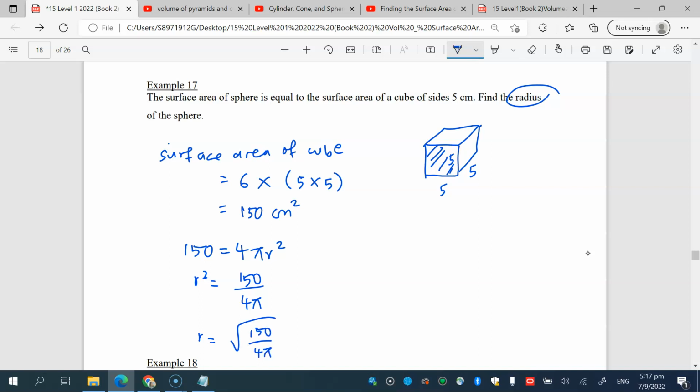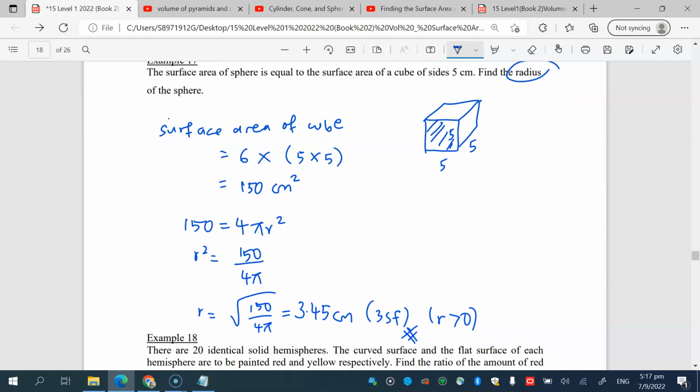Remember, when you take square root, you write down r more than 0. So you just take the positive value. And then you press calculator. Answer will be 3.45 to 3SF. Okay, that's how you get the radius.